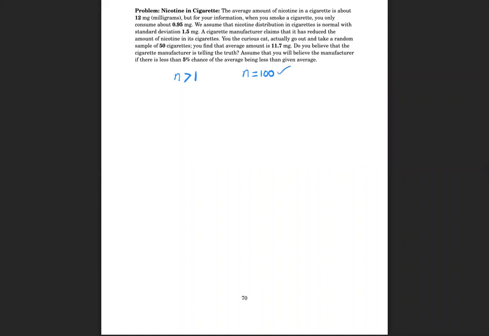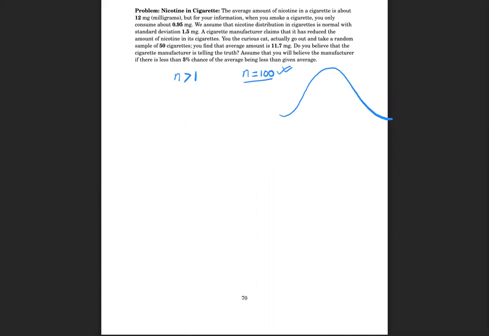The average of each of these samples will have a distribution that is called the sampling distribution, and it will look bell-shaped. So let's say there are many samples of size 100 from the population that you're considering.